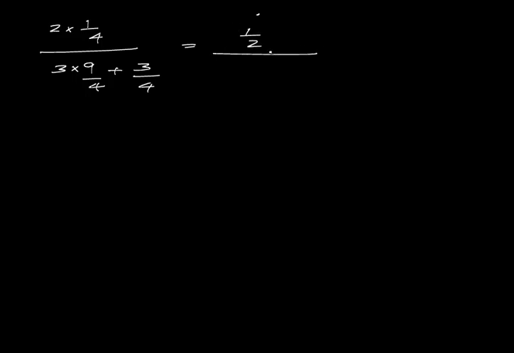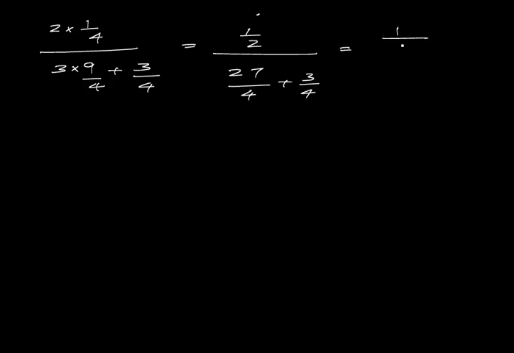Now let us solve that equation. That is our equation: 2 into 1 by 4 divided by 3 into 9 by 4 plus 3 by 4. It's equal to 2 into 1 by 4, that's equal to 1 by 2, divided by, this is 27 divided by 4 plus 3 divided by 4.